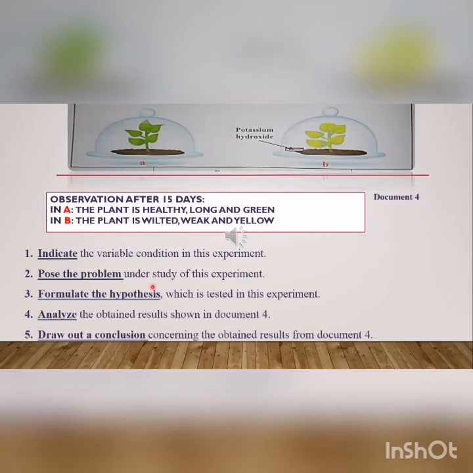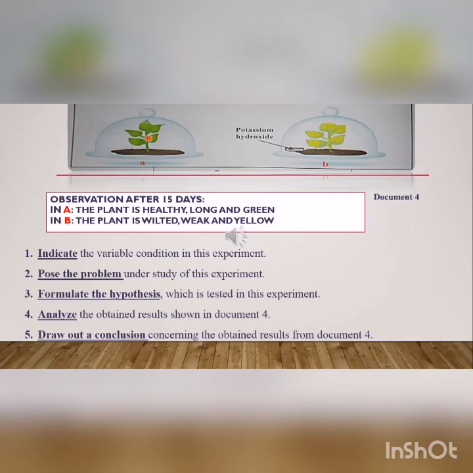Number 2, pose the problem under study of this experiment. Is carbon dioxide important for growth of chlorophyllic plant? Number 3, formulate a hypothesis which is tested in this experiment. CO2 is an important or essential factor. Analyze the obtained result.